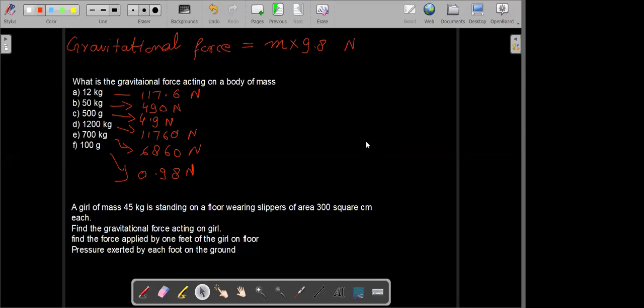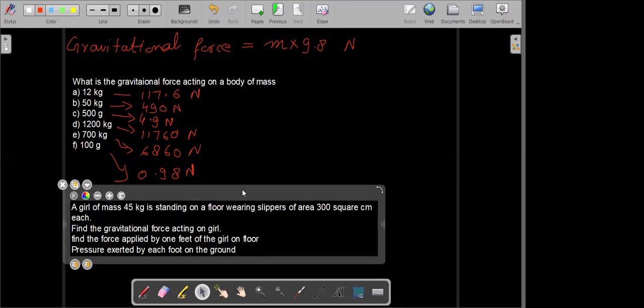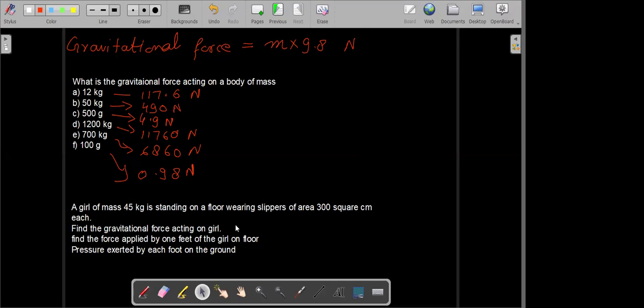Yes, 441 newtons. For the first one, you have 45 times 9.8, 441 Newton. Very good. So answer the second one now. What is the answer for the second one?